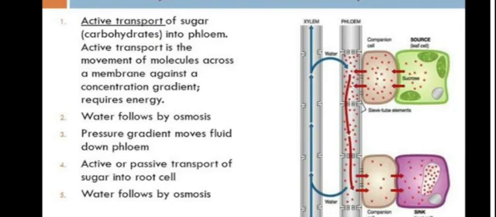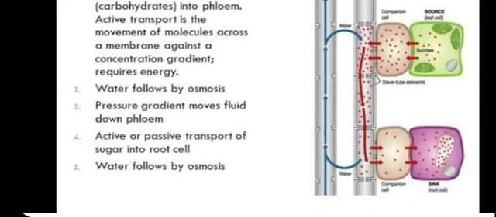So now there is accumulation of both. Water is also there, sucrose is also there. You know that when too many things are concentrated at one point, pressure is created. So due to that pressure gradient, the molecules of sucrose and water will start moving down to the areas of less pressure.